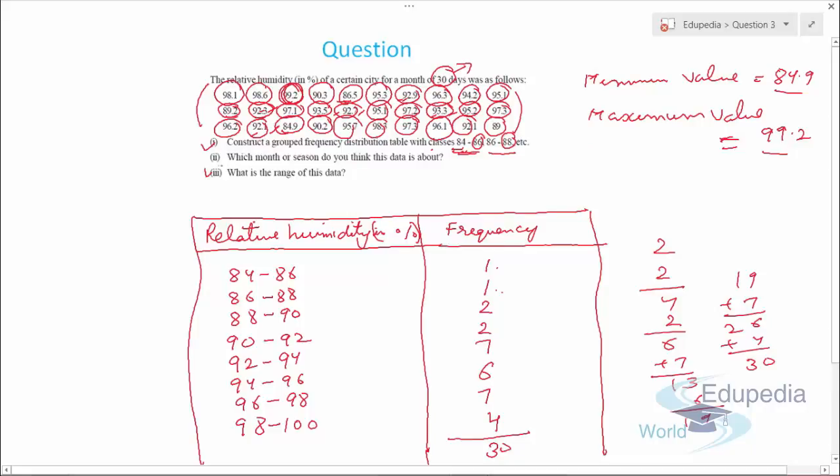Now, the second part says, which month or season do you think the data is about? See, you can see properly the relative humidity is high.